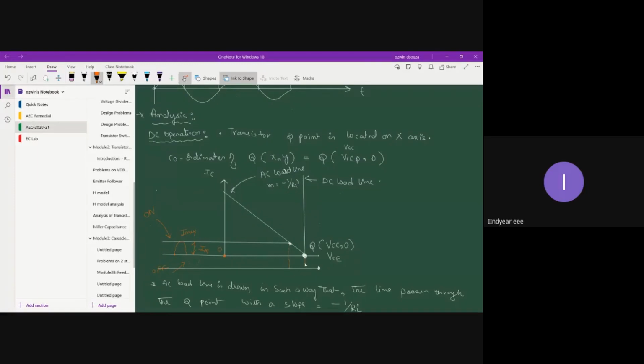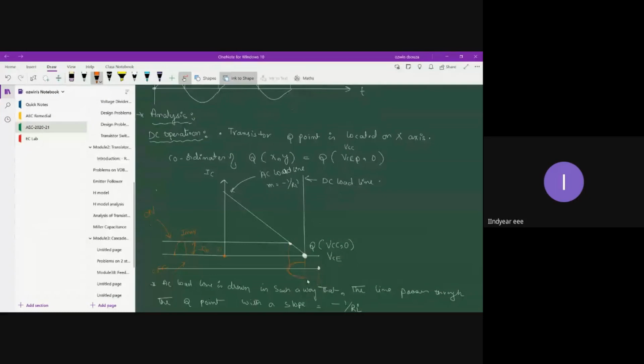Something like this you can draw. This is the negative pulse of the output, and the positive pulse is missing.